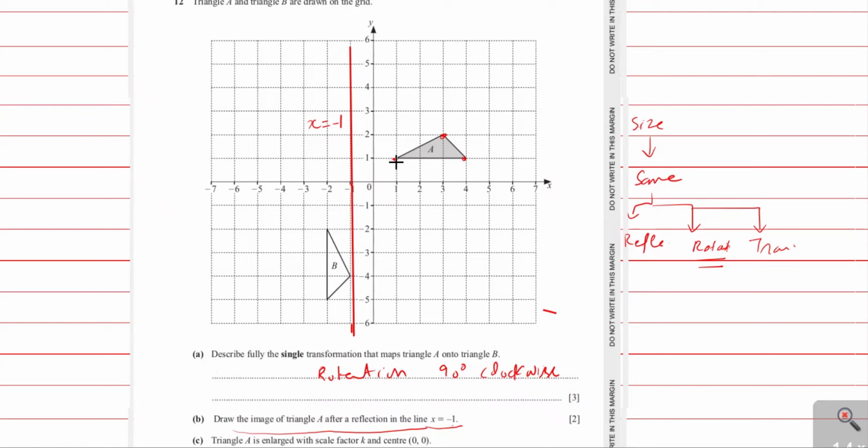The image of this point after reflection in x equals minus 1. Look here, this point is 2 units away from this line on the right side. To get the image of this point, we draw the point 2 units on the left side from this line. This is 1 and 2, and this position.